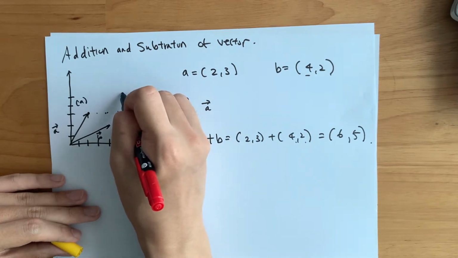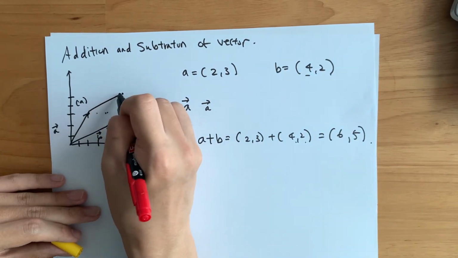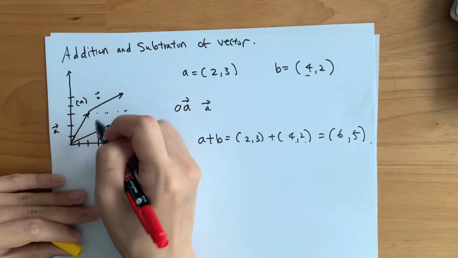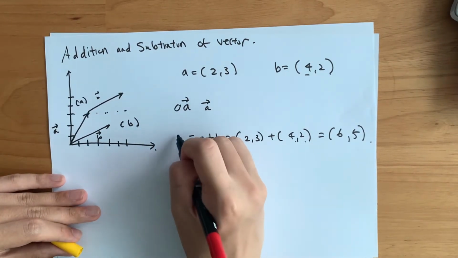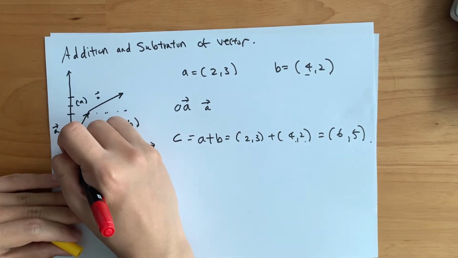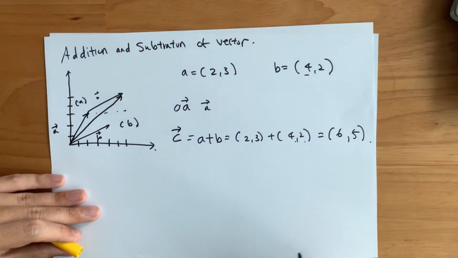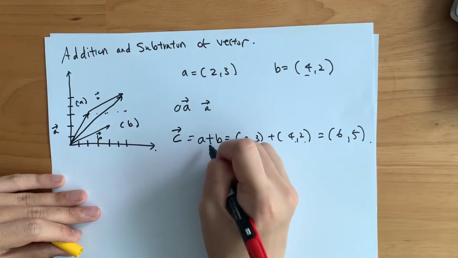So we have this value here, like this is B. If you add this up, let's say this is equal to C. C equals (6, 5).